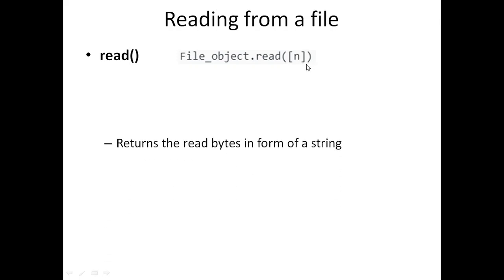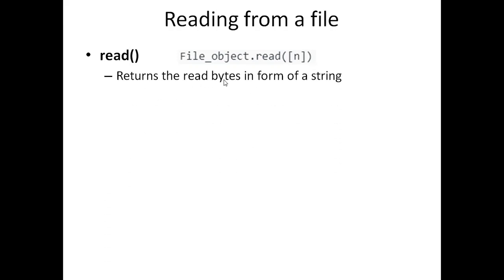Then reading from a file. If you want to read something from a file, what do you have to do? For that we have the read function. This is the syntax: file object dot read of n. It returns the read bytes in the form of a string.